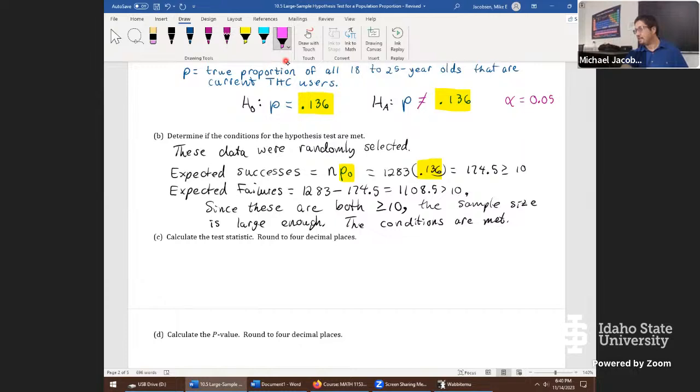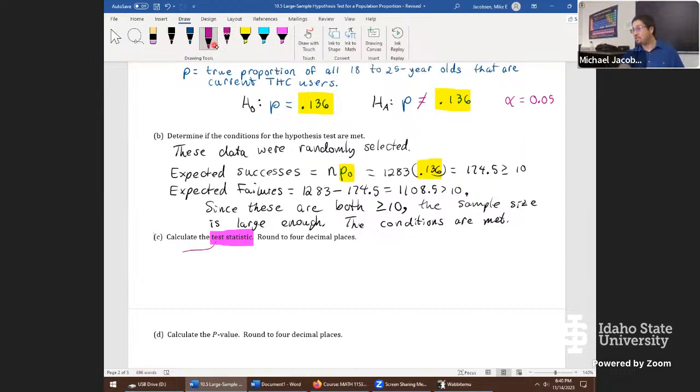And now we're doing the so-called test statistic. This is kind of how we're used to seeing our problems. They ask us for things like sample proportion of successes or standard error. This one's just directly asking for a test statistic right away. But it's a vocabulary question.